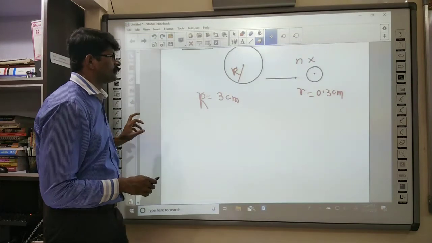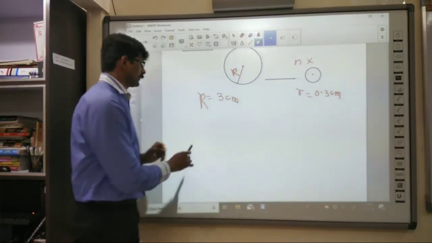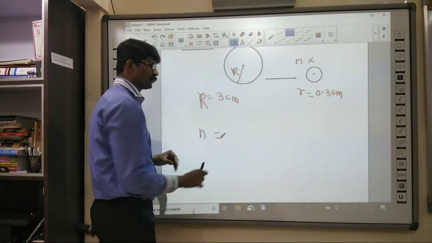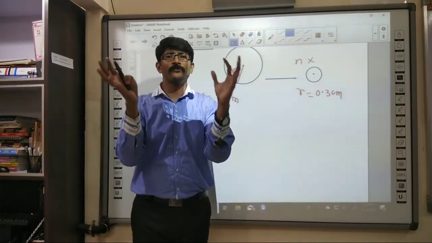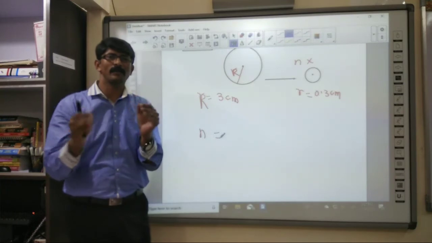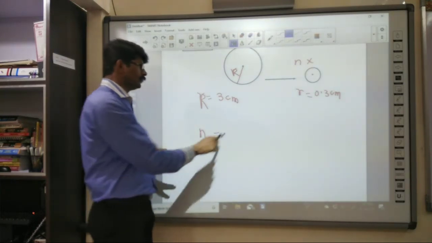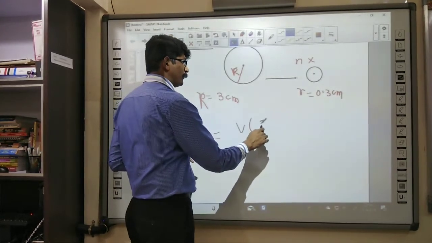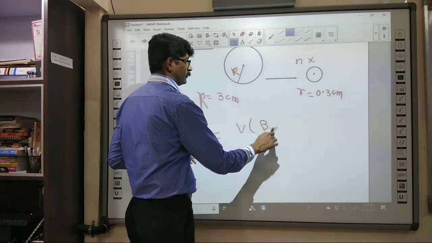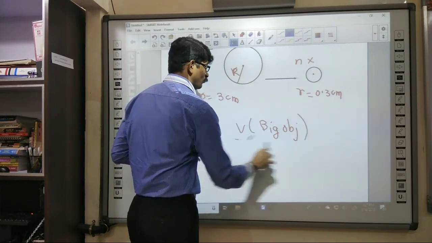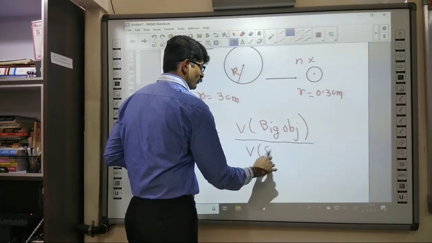The simplest way to do this sum is, always write it down: n is always equal to the volume of the bigger object divided by the volume of the smaller object. That's the formula. So n is equal to volume of big object upon volume of the small object.